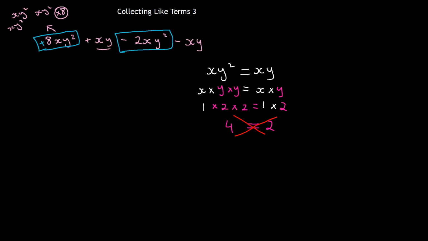So 8xy squared, take away 2, that'll be 6xy squared. Then you're left with the positive xy here, and a negative xy there. That'll be 0, because this is just a 1xy and that's a negative 1xy. Take them away, that'll be 0, so I don't need to write 0 here.